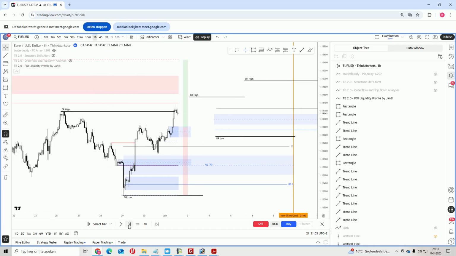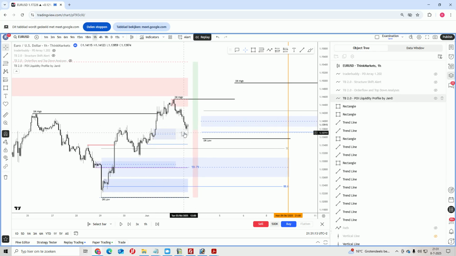So you only wait on the H1 till you get a retrace. Here we are, and the indicator is just indicating that we traded into the H4 POI zone. We are in discount.